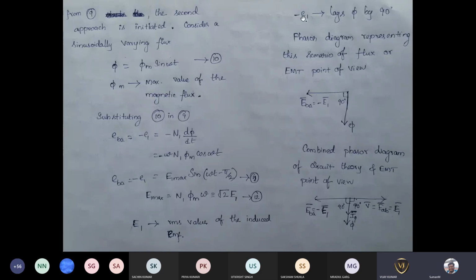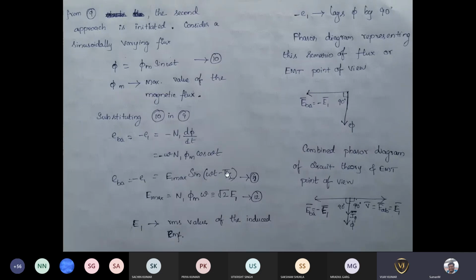So now this E1 lags the flux by 90 degrees. As per these two equations, you can see that the flux is φm sin ωt, and the induced EMF, that is EBA, is equal to minus E1, that is E1 max sin(ωt − π/2). So if you compare equation 10 and equation 11, you can see clearly that this induced EMF is lagging the flux by 90 degrees.